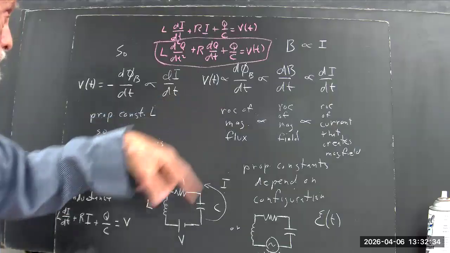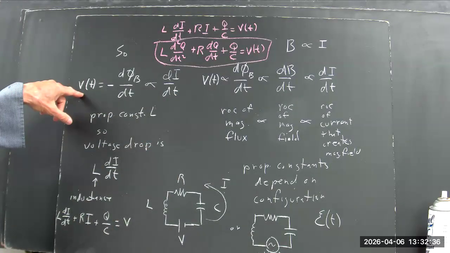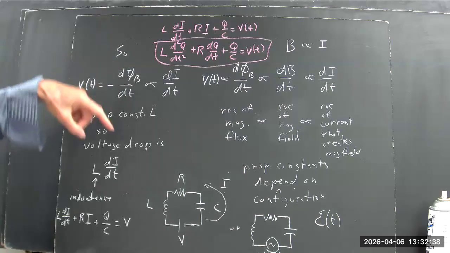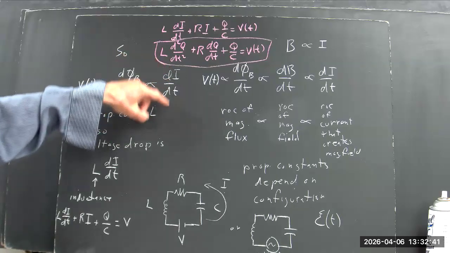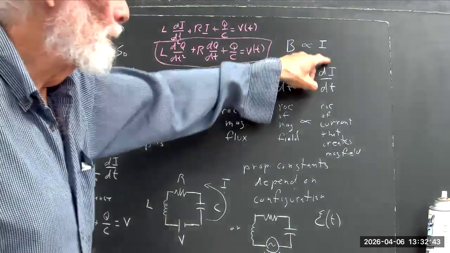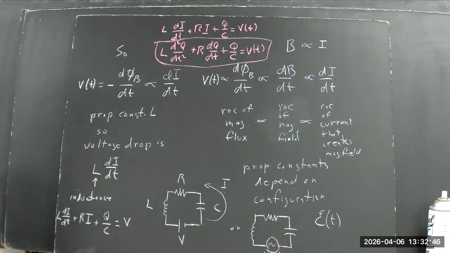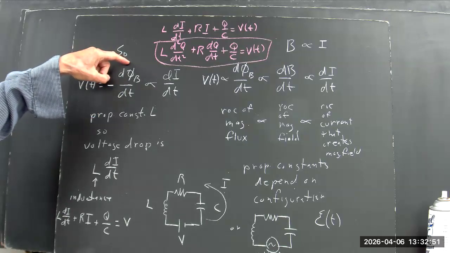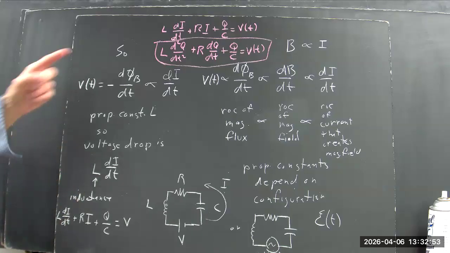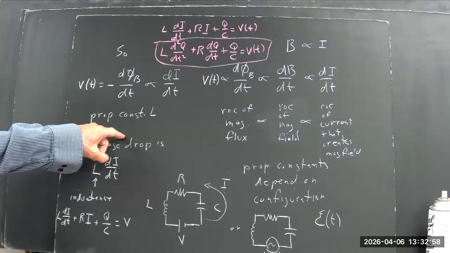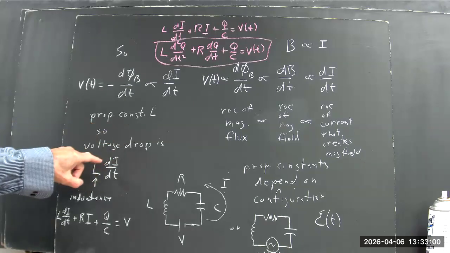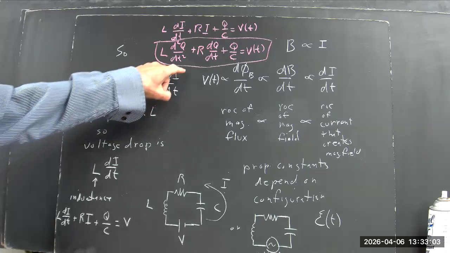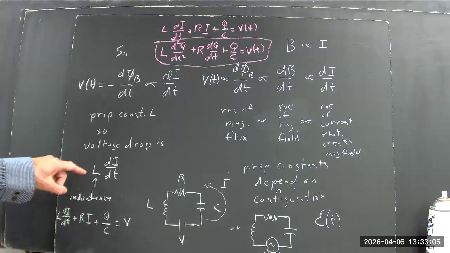And it comes down then to just your voltage is proportional to di/dt. This is proportional to this. It equals the negative derivative of magnetic flux with respect to time, which is proportional to this. And the proportionality constant between V of t and di/dt is what we call L, and that's inductance.